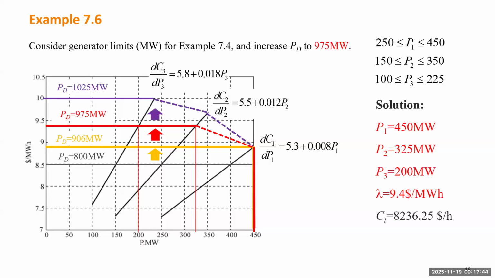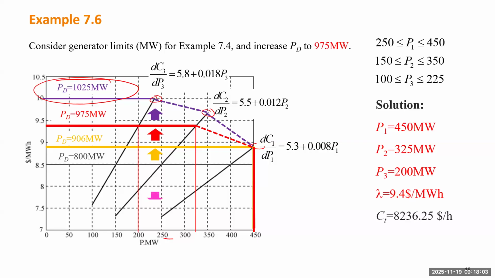If you further increase the load, finally unit 1, unit 2, and even unit 3 can reach their limit, right? So the highest load this system can handle without violating the limit will be 1,025 megawatt.